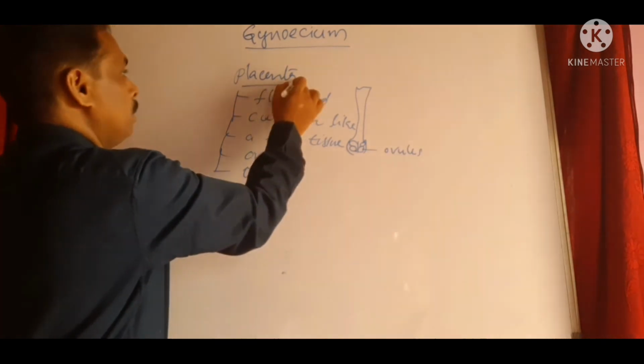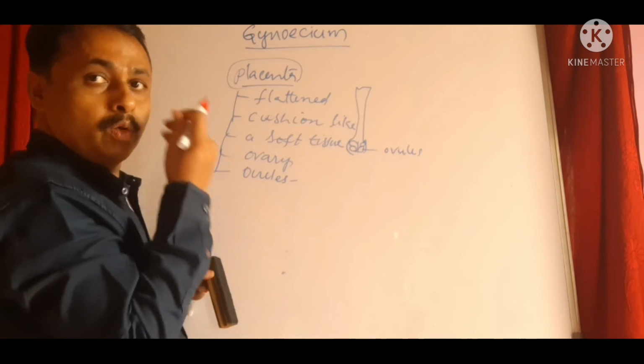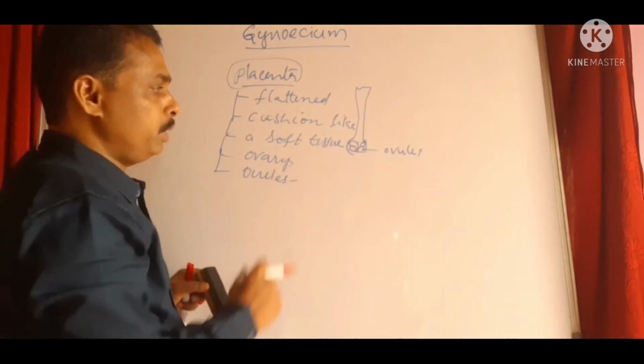That tissue is called placenta. Placenta is present in the ovary, where ovules will be attached.